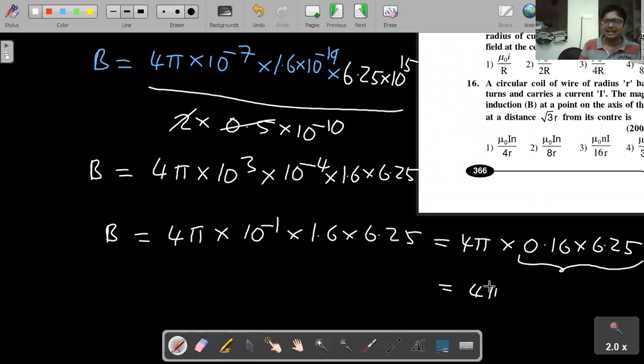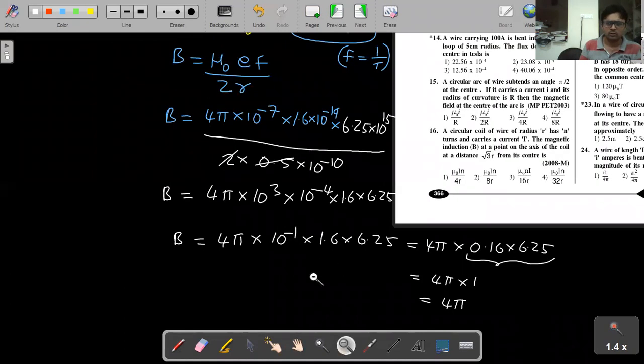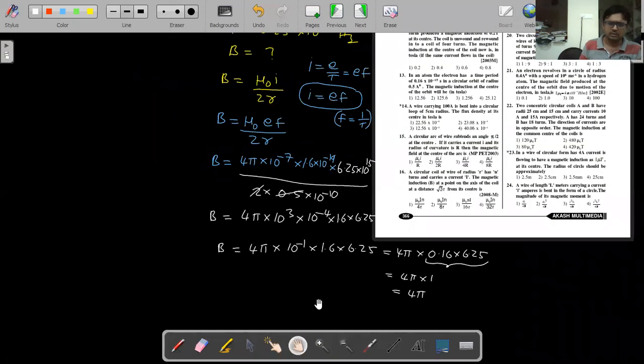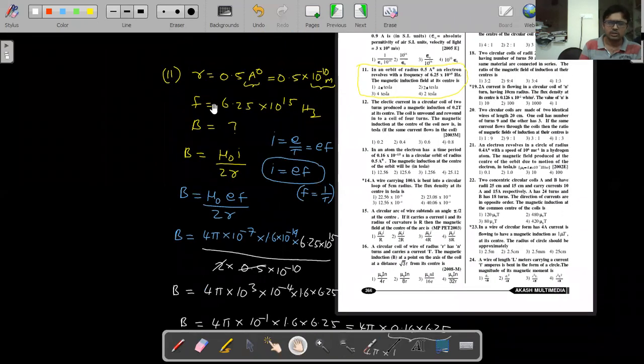So simply I can write 4 pi into 1, and the answer is 4 pi. So these are all calculation stuff. You can do it. There's not at all any issue. So first of all, check the question for frequency. Whenever they want B with frequency, immediately target this. Generally for electron they'll mention like that.